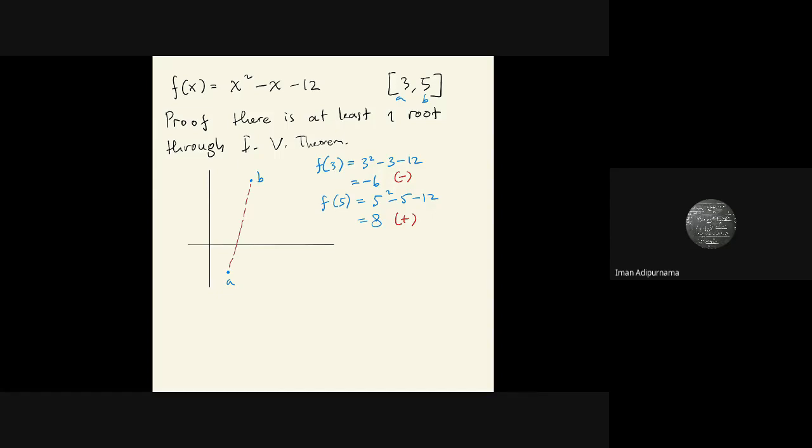Which means because of the opposite signs, there is at least one c in which f of c is 0. And if you want to prove it further, you can factor, and your x is actually 4.